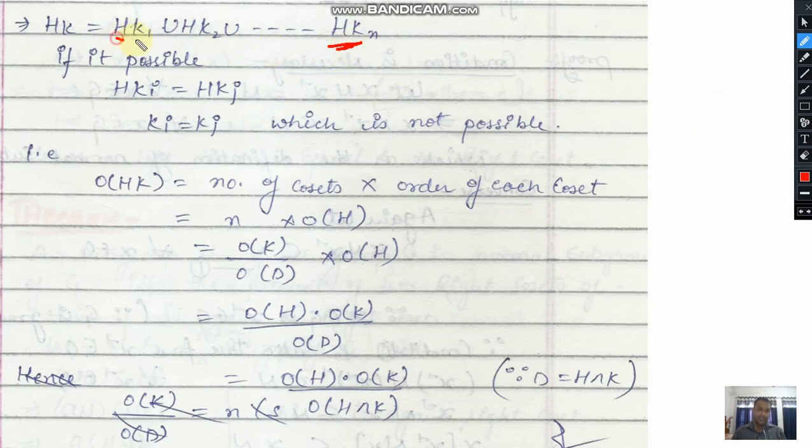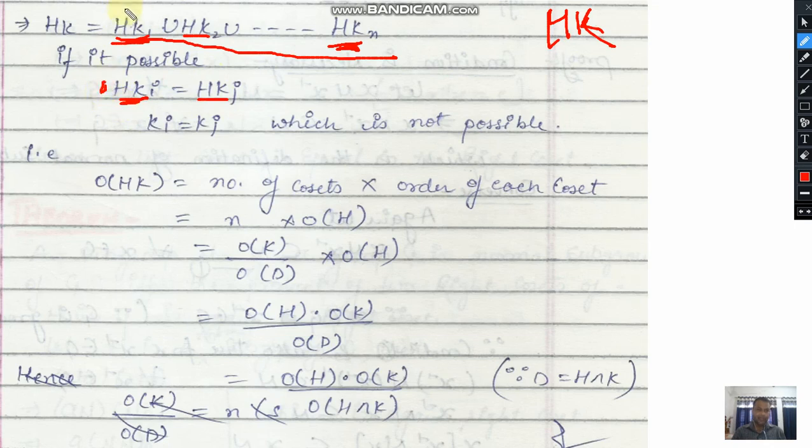Let us suppose that in this union, the product of these two subgroups H and K, these right cosets have some common element, say HKi and HKj. Here we are writing not elements but cosets.